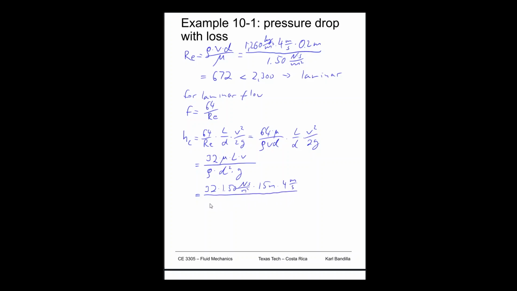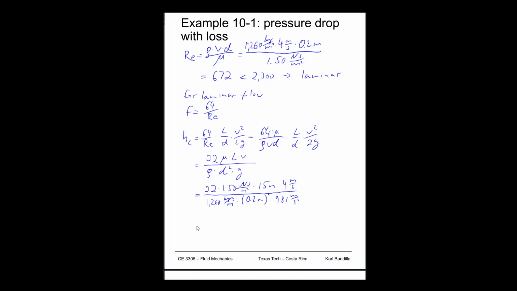Divide all that by 1,260 kilograms per cubic meter times 0.2 meters squared times 9.81 meters per second squared.